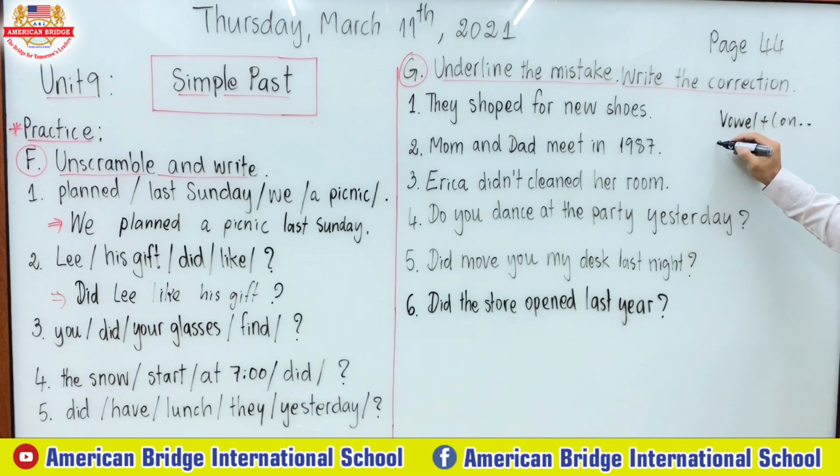For example, the verb shop is spelled with vowel O and consonant P. So you have to double what? Double the consonant P. So S-H-O-double P, and you have to add ED.